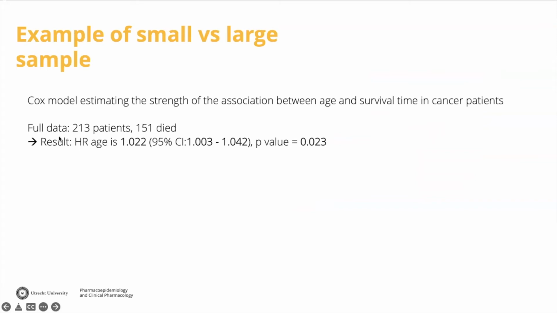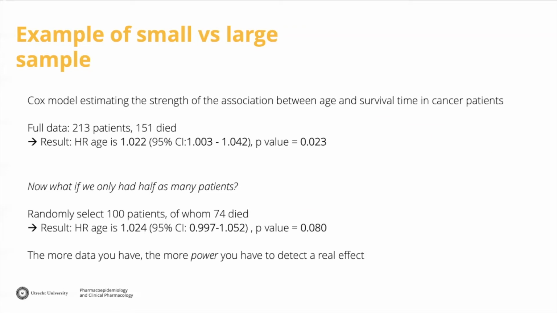We have a hazard ratio of 1.022, the confidence interval is 1.003 to 1.042, and the p-value is 0.023. So we would be adequately powered to detect this difference in this study because we do detect a difference, and the p-value is less than 0.05 for this particular study.